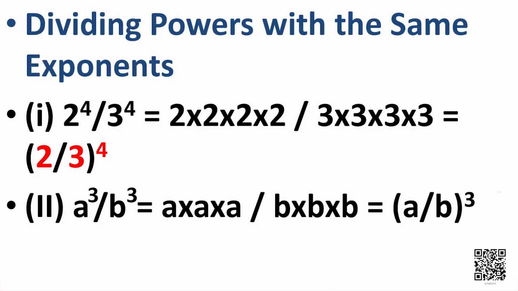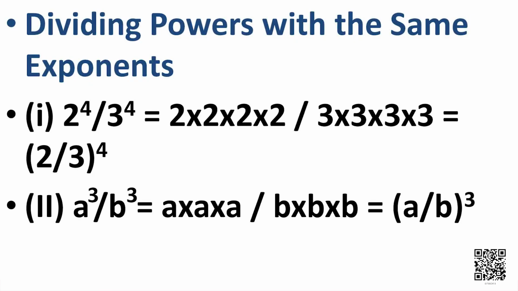So if we simplify it further, we can write it as (2 divided by 3) whole to the power 4. Similarly, see another question: a to the power 3 divided by b to the power 3. If we simplify it, we get a multiplied 3 times divided by b multiplied 3 times. So we can write it as (a divided by b) whole to the power 3.